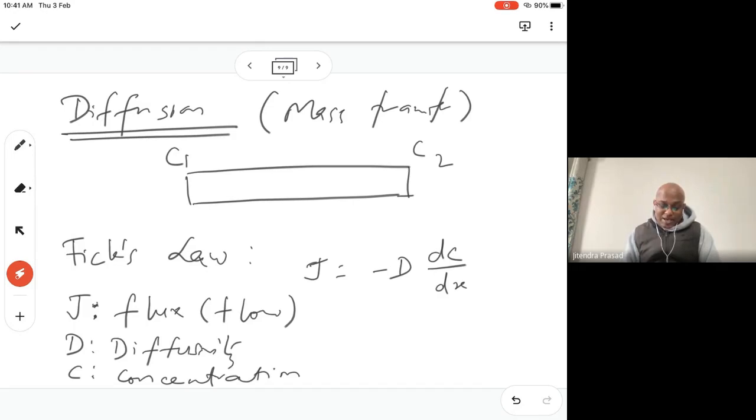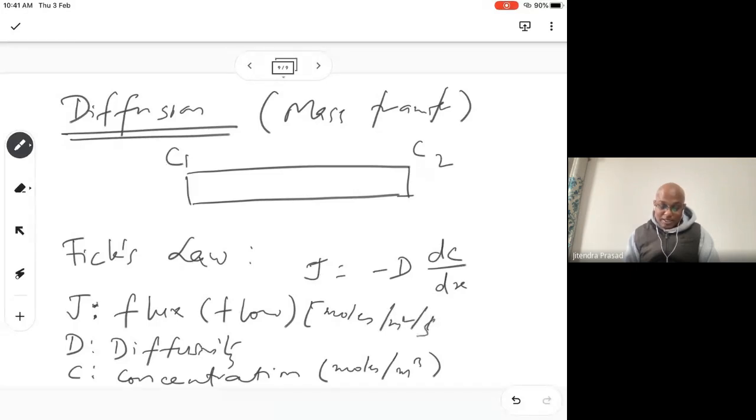So here as per this you can write J. How do you define the units? Concentration, as you know, will be in moles per volume, so moles per meter cube. Then flow again will be moles per meter square per unit time, per second.